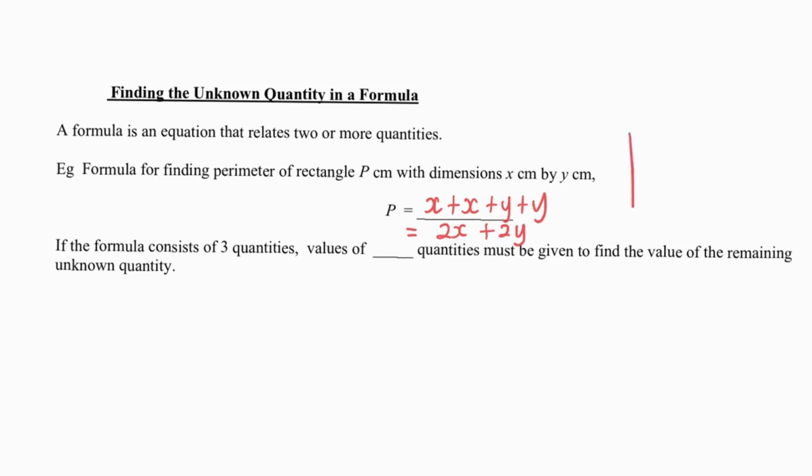So this will be the rectangle with the perimeter. For example, this will be my x and this is my y, this is my x, this is my y.